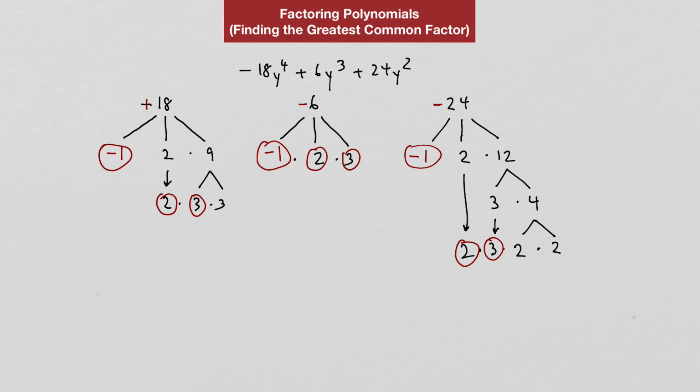So what we find is that our common factor, or greatest common factor for just the coefficients, is negative 1 times 2 times 3, or negative 6. Okay, so that's step 1. Step 2 is look for the greatest common factor of the variables. So let's go ahead and do that.